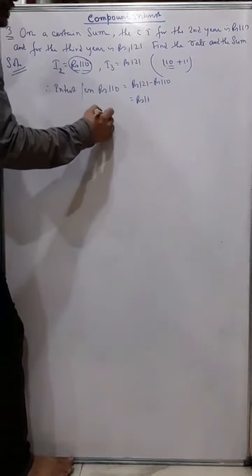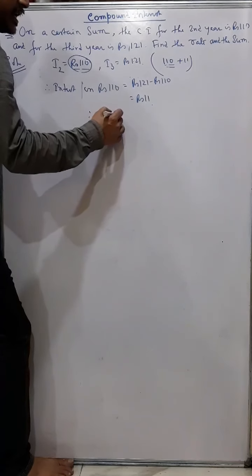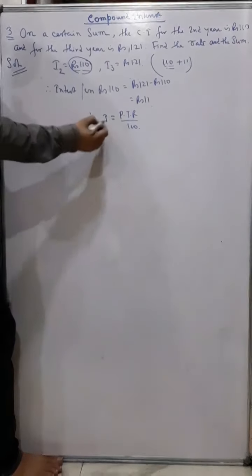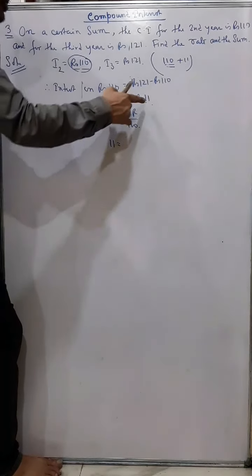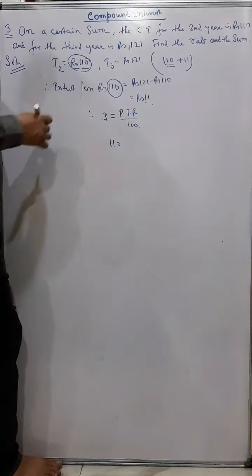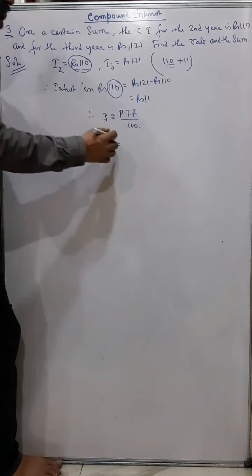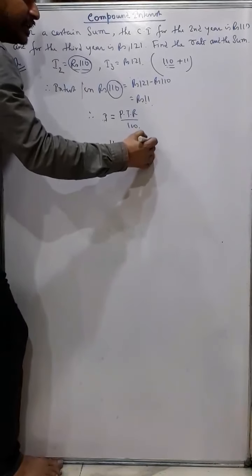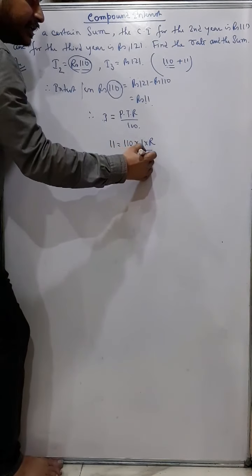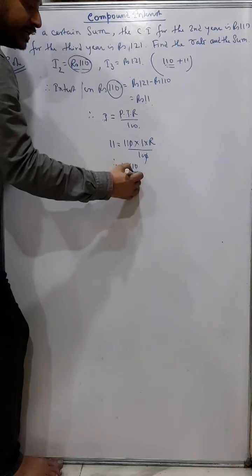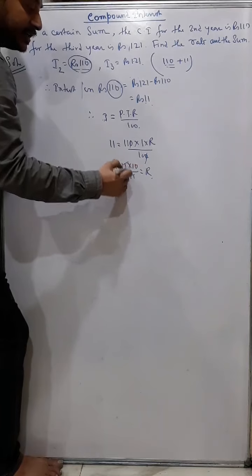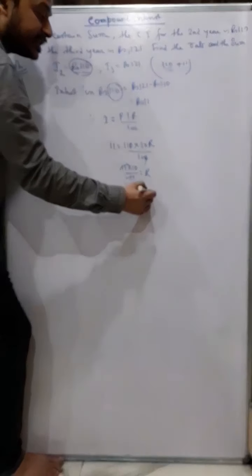Now in this formula, I is equal to PTR by 100, how much interest is charged? 11 rupees. Now if I put here 11, on what sum? On this sum. This is the sum now. So principal is 110, time is 1, and rate by 100. So we get 11 into 10 by 11 is equal to rate, and we got rate as 10%.